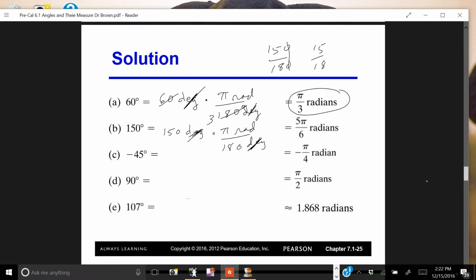Divide both top and bottom by 3, and we get 5/6 pi radians. Minus 45 degrees is minus 45 times pi radians per 180 degrees. So we get minus 45 over 180 pi radians.